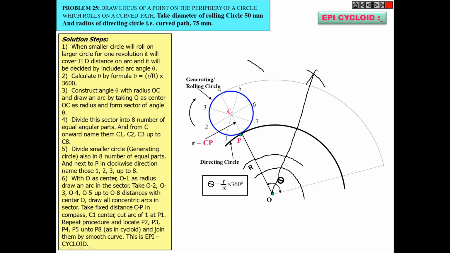I will place my compass at this point and cut an arc. Now join it with the center point O. Now it is 1, 2. Similarly, divide this particular arc again by the same process. Again you will get 2. Now see, it is 1, 2, 3, 4.